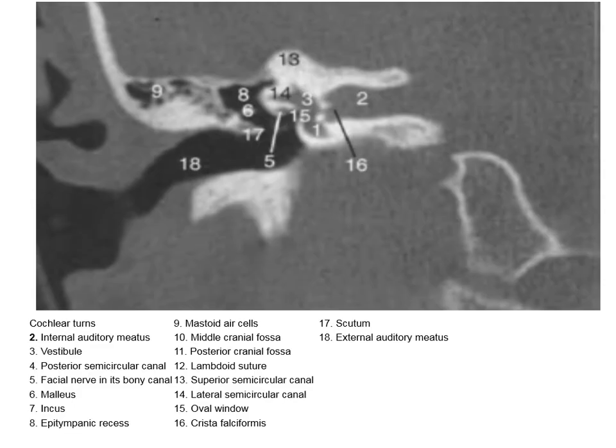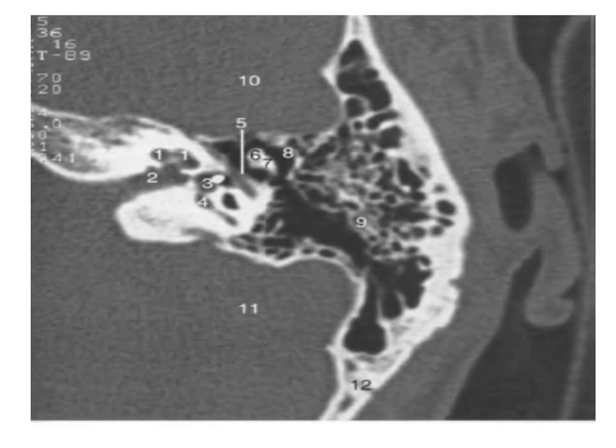This is CT. This is the CT showing the internal ear, the internal auditory meatus, and this is the cochlear turns. This is the pinna and external ear.